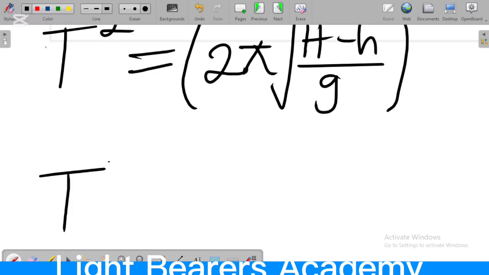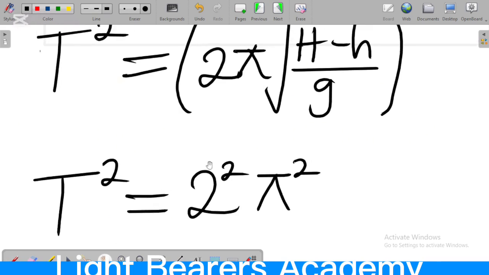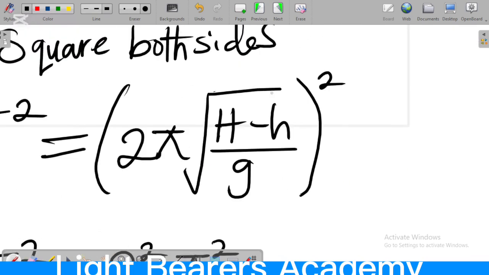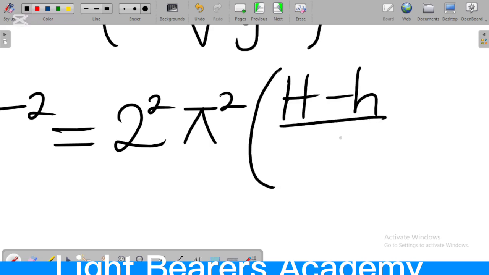So T square is equal to 2 raised to power 2, pi raised to power 2, and then this 2 cancels the square root. So we have here capital letter H minus small letter h all over g.